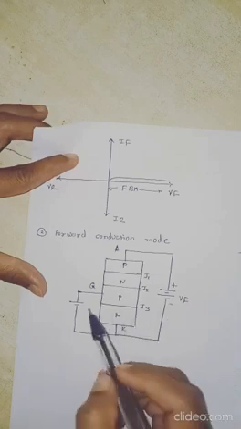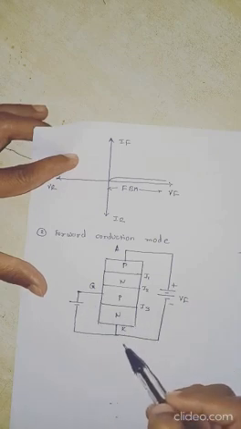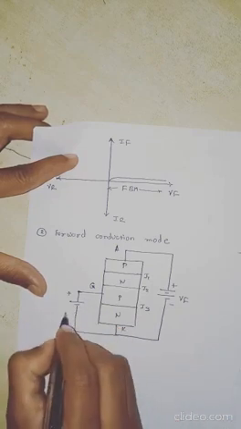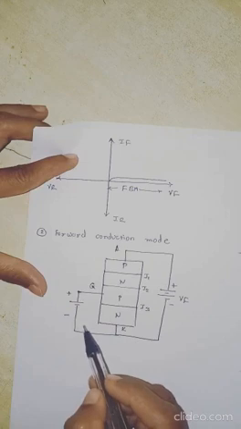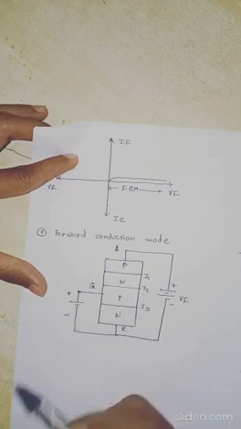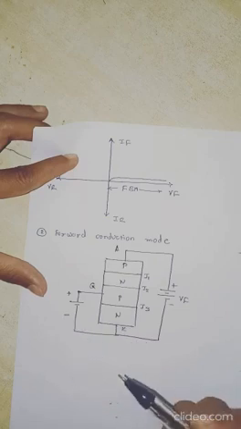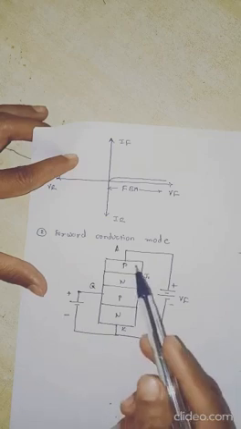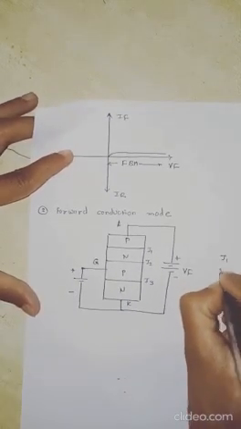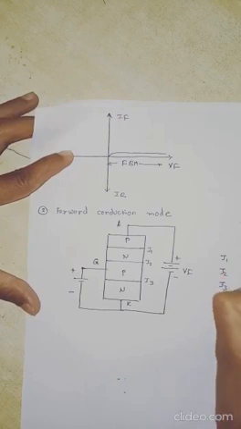We'll apply one more voltage in between gate and cathode. We'll apply positive voltage to gate and negative voltage to cathode. This will make the junction J2 forward biased. We apply positive voltage to gate and we keep forward bias between anode and cathode. So the junctions J1, J2 and J3 are in forward bias.